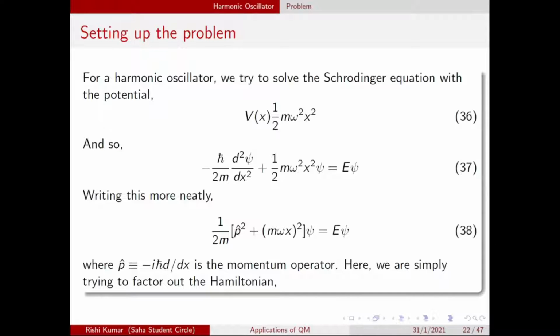So simply substituting this into our Schrodinger equation, imagine this is V of x. It's a very simple substitution.